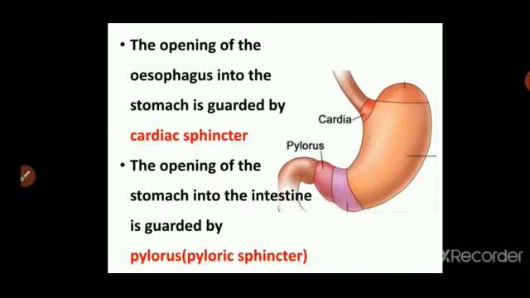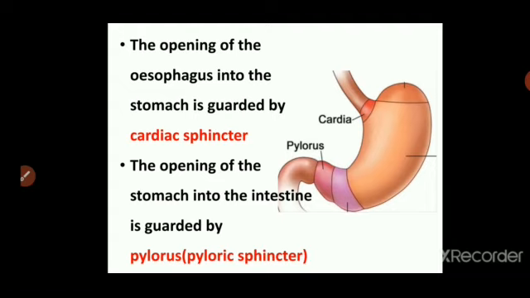Then, as the food enters the stomach, there are chances that while the churning is being done, food can be pushed backwards up into the esophagus. To prevent that, there is a sphincter right at the top end of the stomach where the esophagus joins the stomach, called the cardiac sphincter. You can see it labeled in the diagram, the red patch, the ring of the cardiac sphincter.